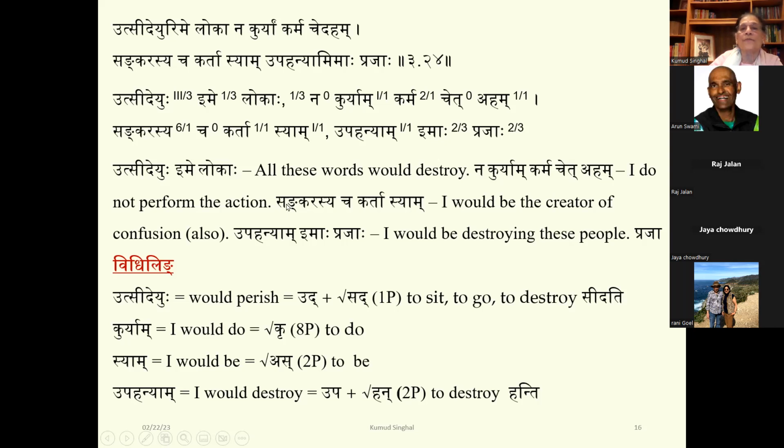If I do not perform the action, Arjuna is saying this, all these worlds would be in error. This is world, lokaha. So all these worlds would be destroyed if I would not do the action.